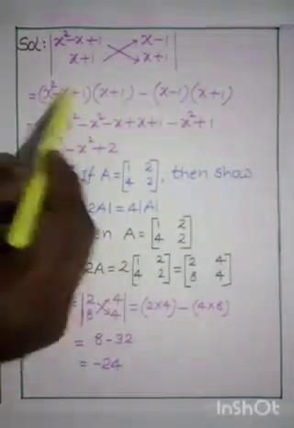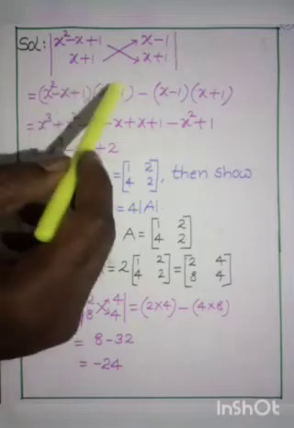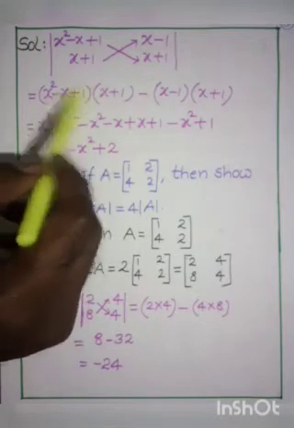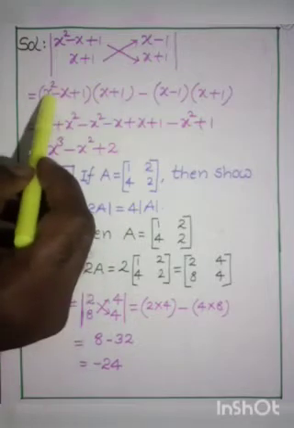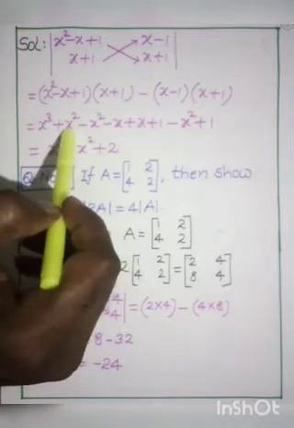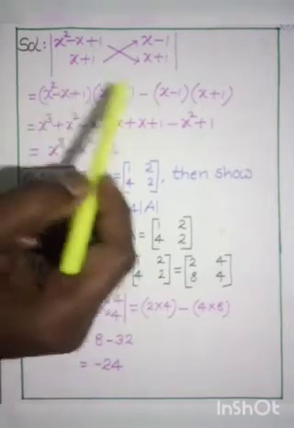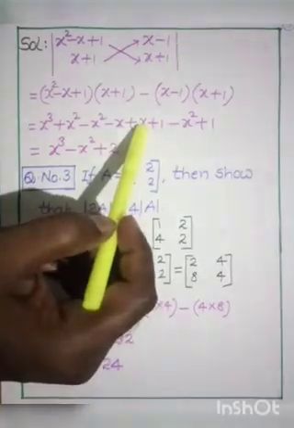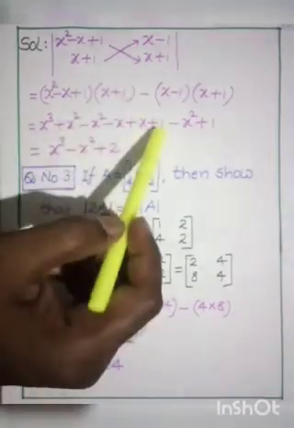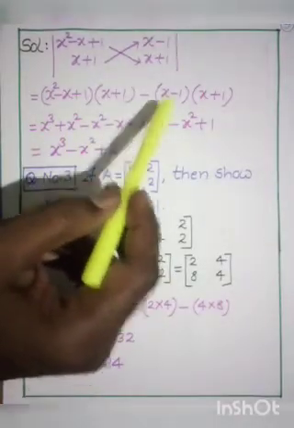Right. Now we multiply these two expressions. Do you know how to multiply them? x square into x, x cube. x square into 1, plus x square. Minus x into x, minus x square. Minus x into 1, minus x. Plus 1 into x, plus x. Plus 1 into 1, plus 1. I have multiplied these two expressions, then we get this expression.